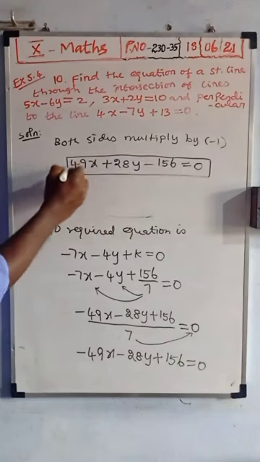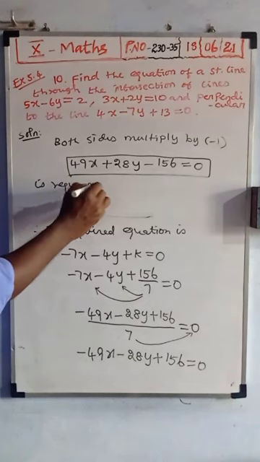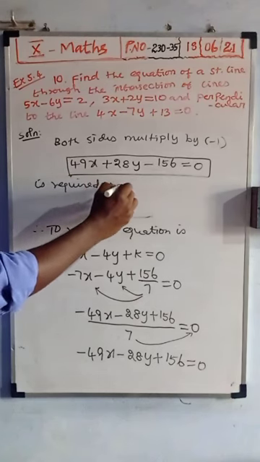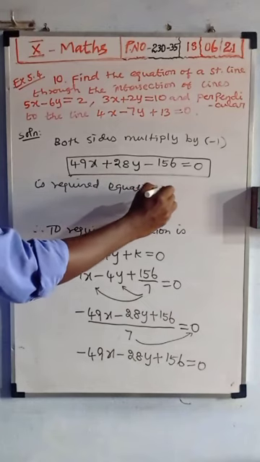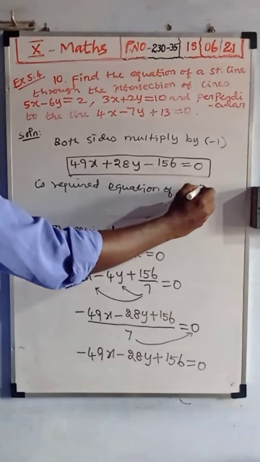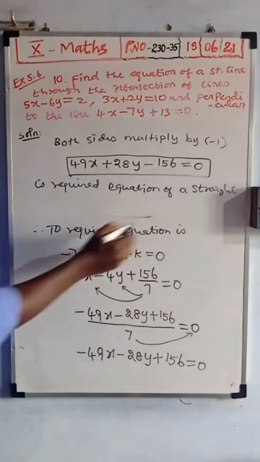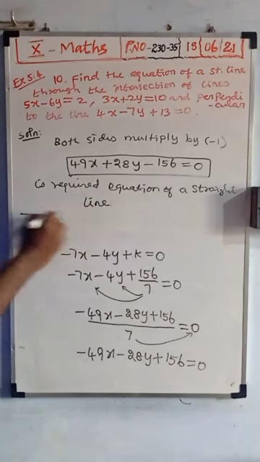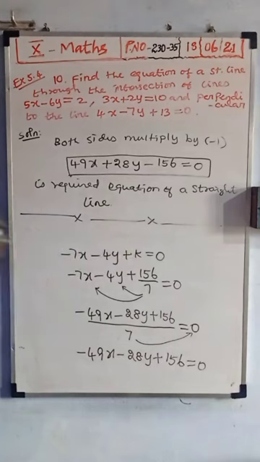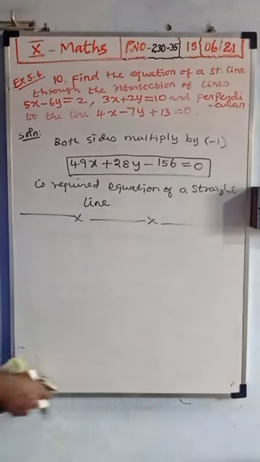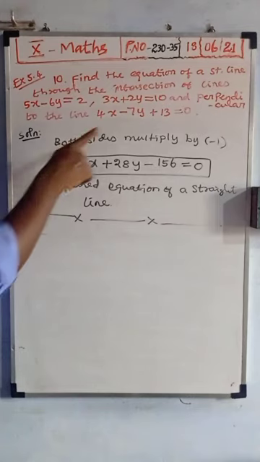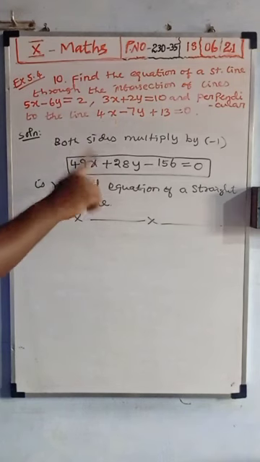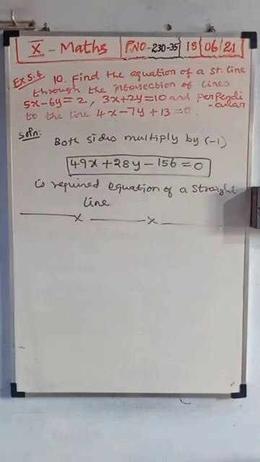This is the required equation of a straight line. So the given line, you want to draw a perpendicular to it, and the equation of the perpendicular line is 49x plus 28y minus 156 is equal to 0. Okay, that's all.